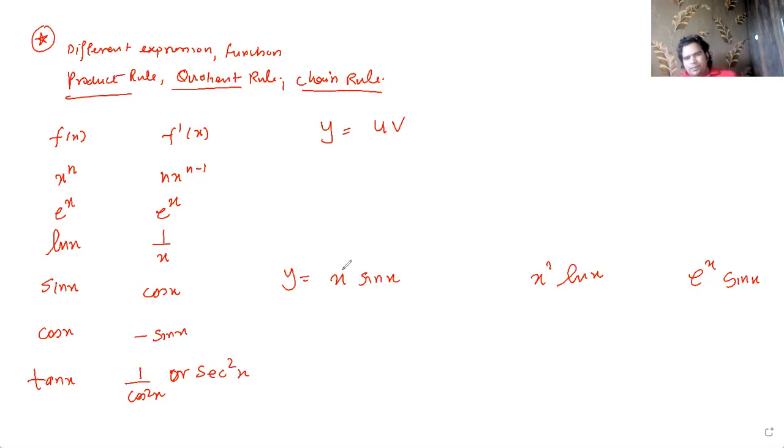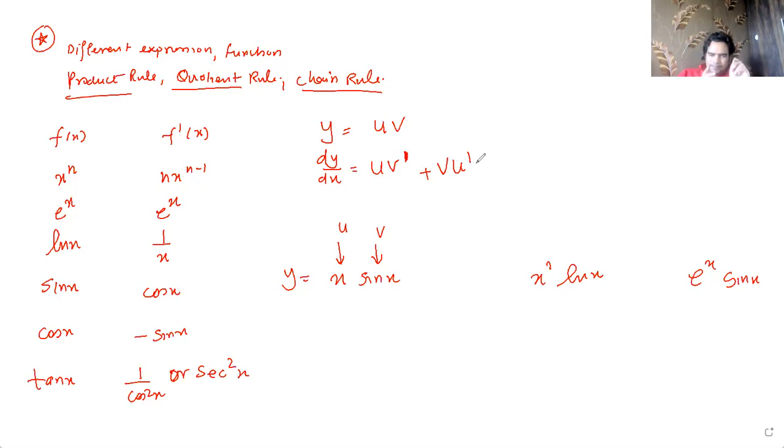Here, for example, this is my u and this is my v. So u is x and v is sine x. How do I differentiate the two functions? When you find the derivative, the formula is uv dash plus vu dash.